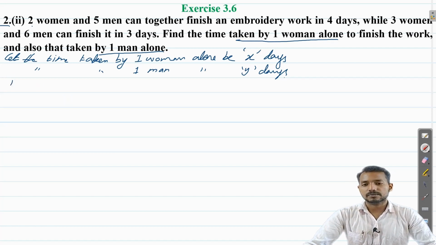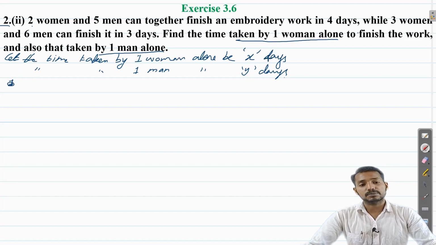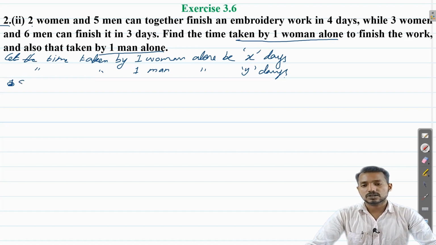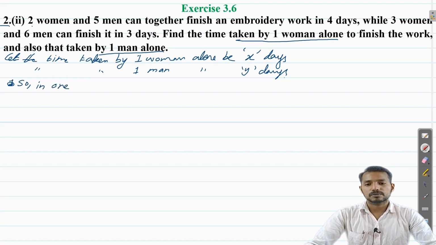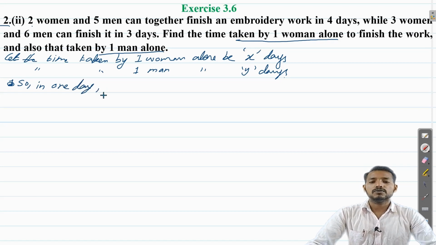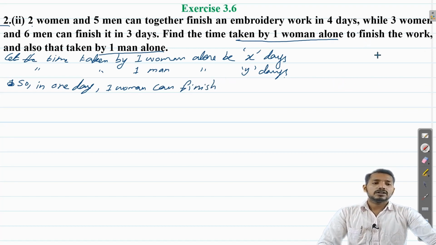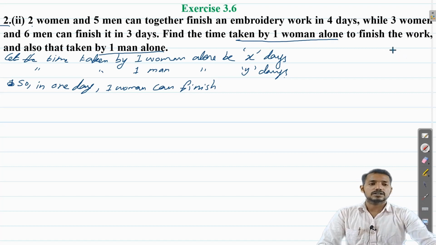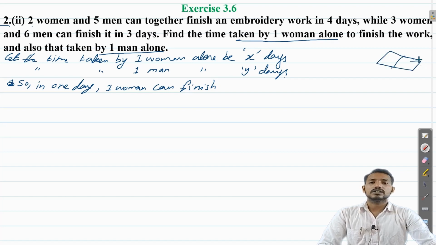So in 1 day, so the variables we have put, this is the time taken to complete the work, x days. So in 1 day, 1 woman can finish, see, suppose 2 days are required to finish a work. Then in 1 day, only half of that can be completed.